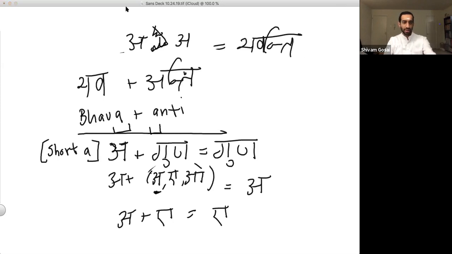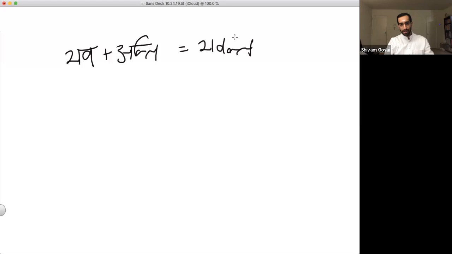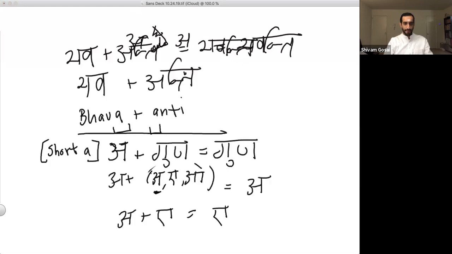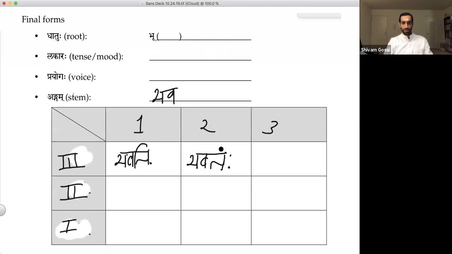Okay, so let me clear this. Let me know if you need that back up. So I have bhava plus anti equals bhavanti. We can put that in our chart. So we can add that here.